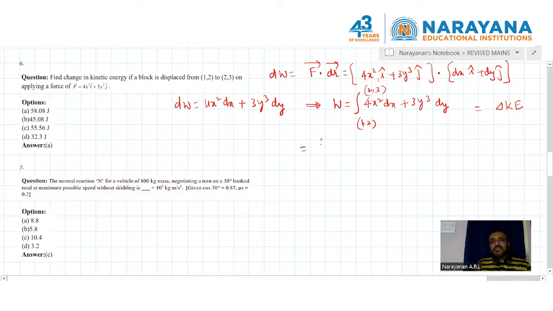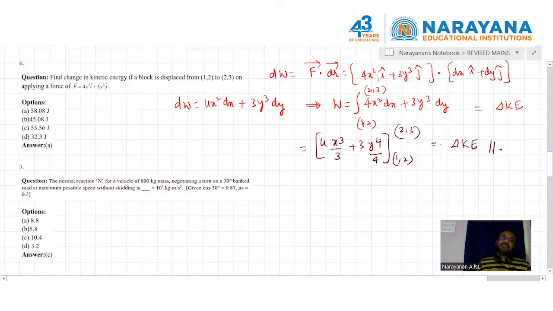So this is 4x cube by 3 plus 3y power 4 by 4. Now in this you use the limits 1 to 2, 2 to 4. Then this is equal to the change in kinetic energy.